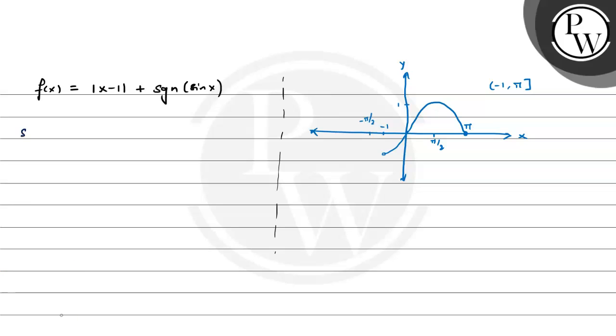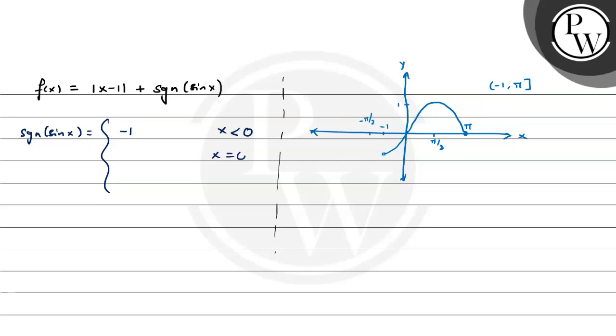Now therefore we can write signum of sin x equal to: to the left of 0, that is in the negative side of 0, the functional value is less than 0, and so signum of sin x will be -1.